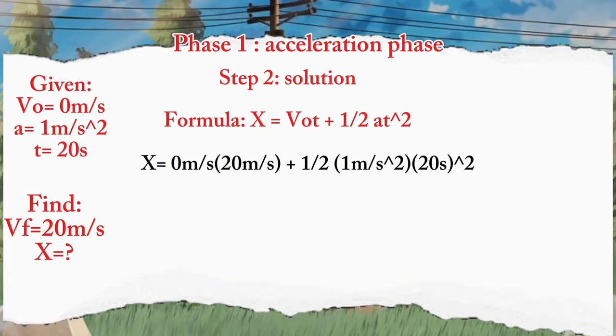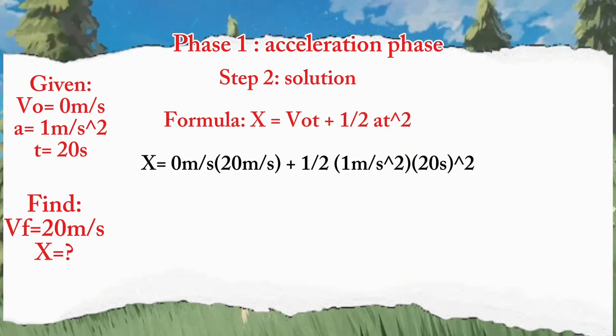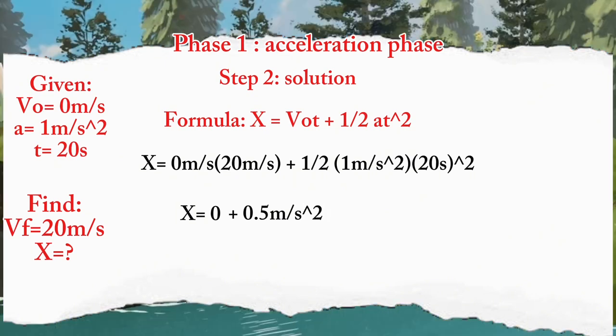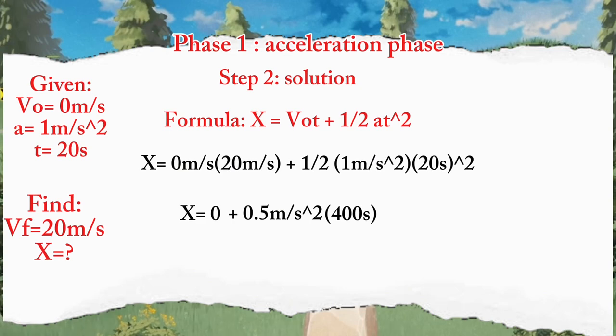Okay, now multiply all the parentheses. 0 times 20 equals 0. 1/2 times 1 equals 0.5. And if you square the 20, it will become 400. So now add it all up, which is 0 plus 0.5 meter per second squared times 400 seconds squared, which is equivalent to 200 meters.